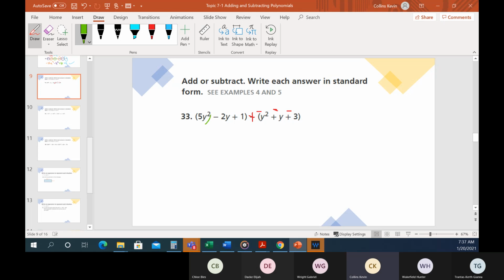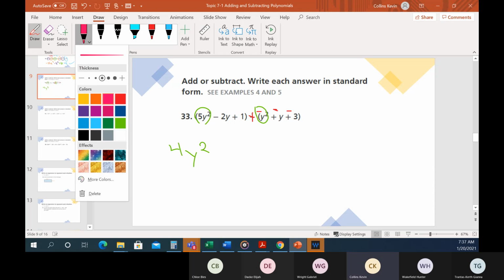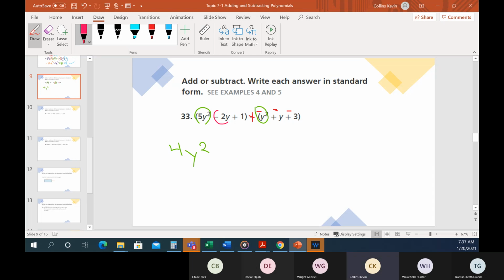So I have 5y squared minus 1y squared. So 5 minus 1, that's going to be 4y squared. Okay. Then I've got minus 2y and minus 1 more y. So minus 2 minus 1, that's minus 3y.